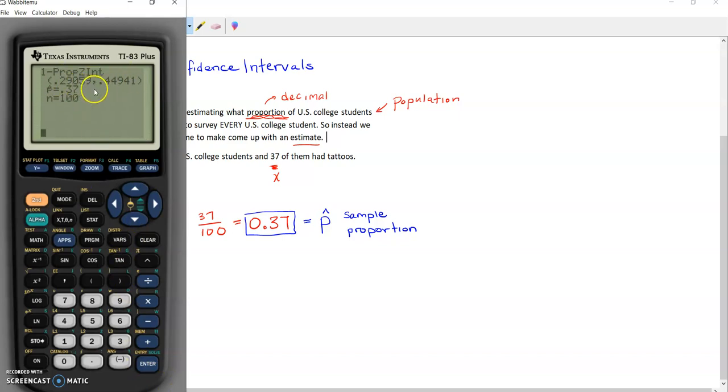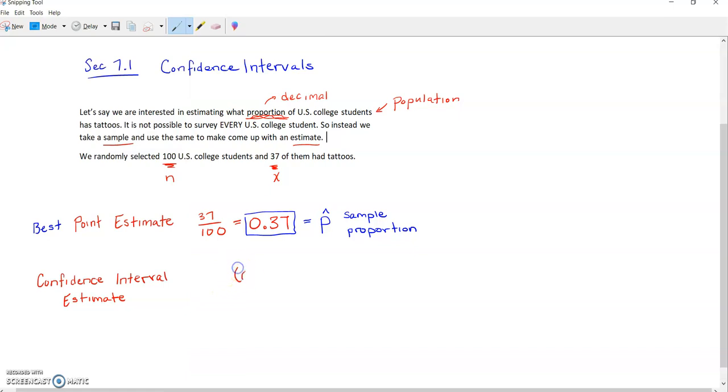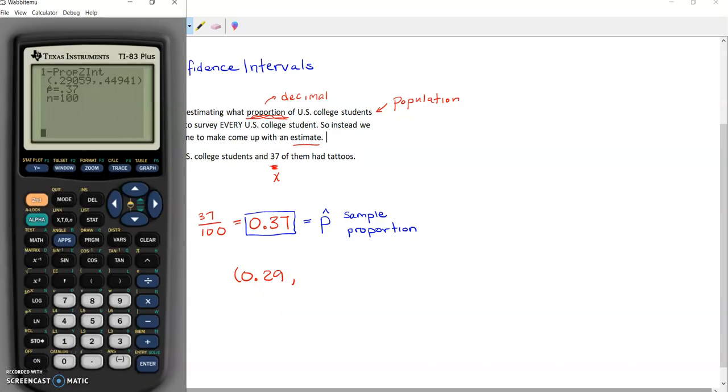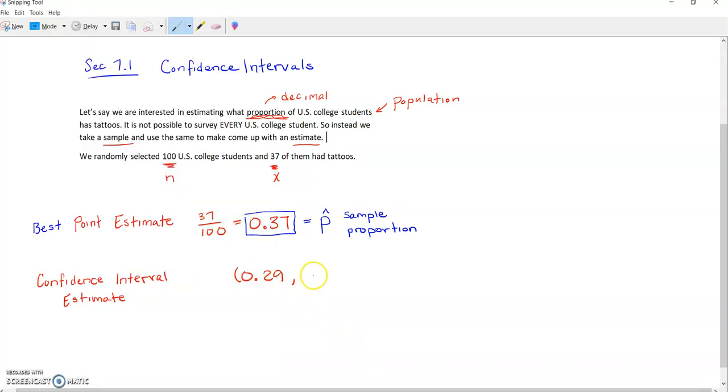This is our interval here. I'm going to round this. It's going from 0.29 up to 0.45. I think a lot of times they have you round to 3 decimals, but I'm being a little lazy here. We're going to use 2.